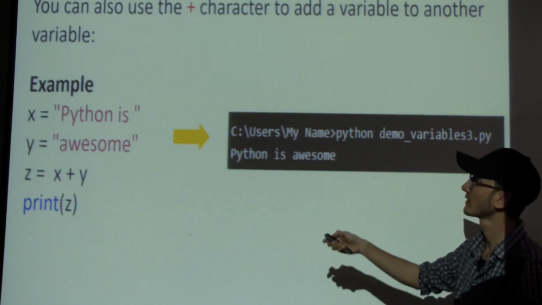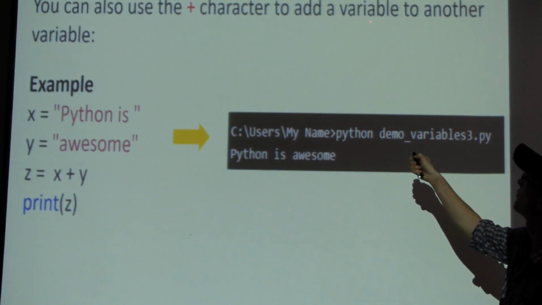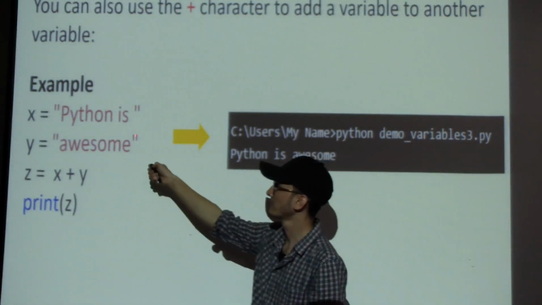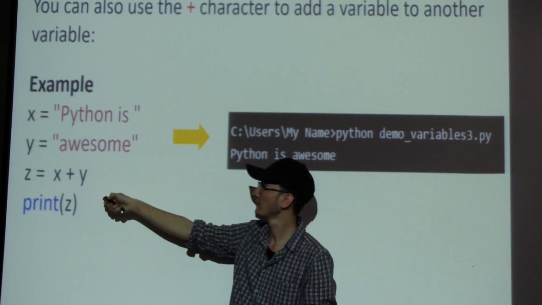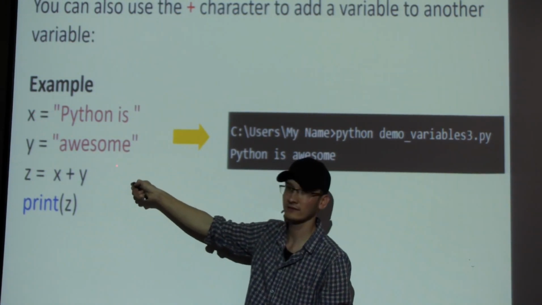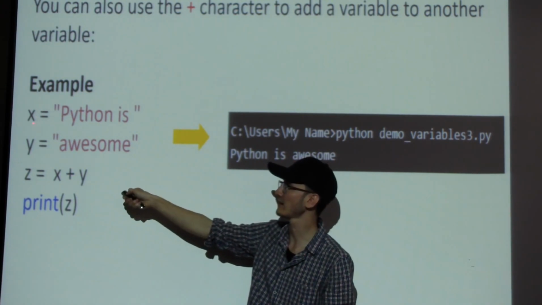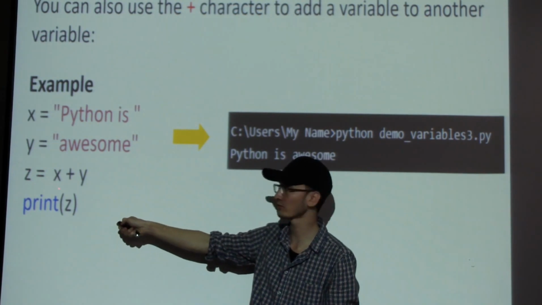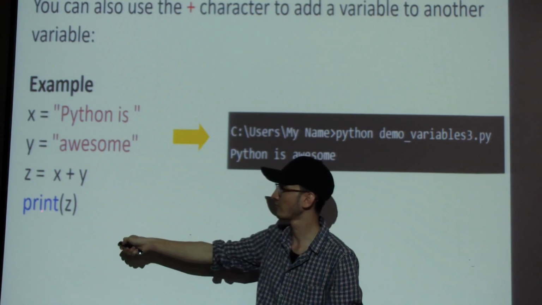Now look, you can also use the plus character to add a variable to another variable. We have string value and we have x variable. y variable takes string awesome. Now x is Python is, y is awesome. z equals x plus y. Print z.